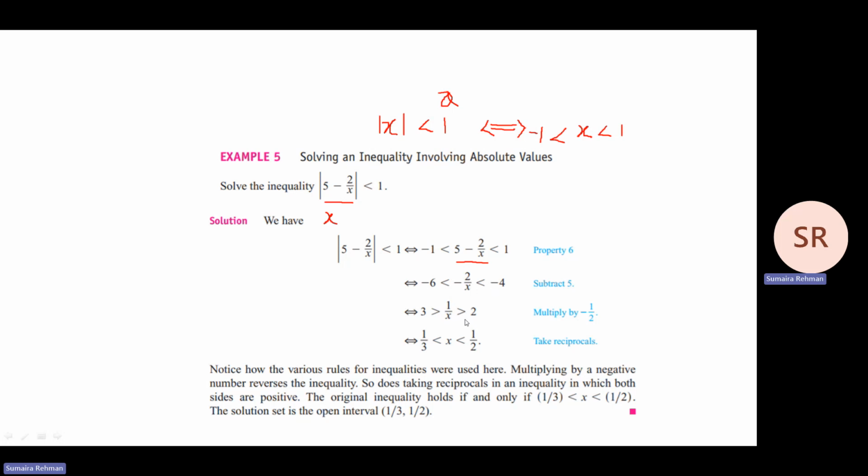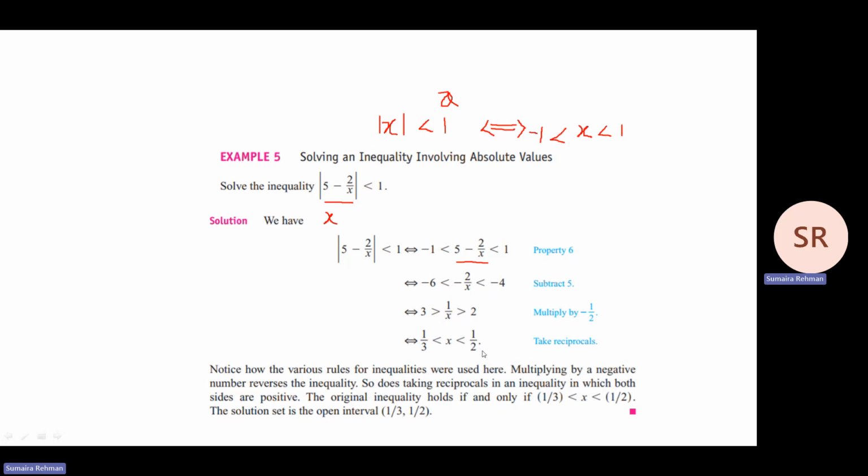And there is another property for inequalities, the rules of inequality, which we discussed earlier, I think in the first video. There we discussed that when you take a reciprocal on both sides, it will also reverse the inequality. So again, you will reverse it. And this will be the solution of that.